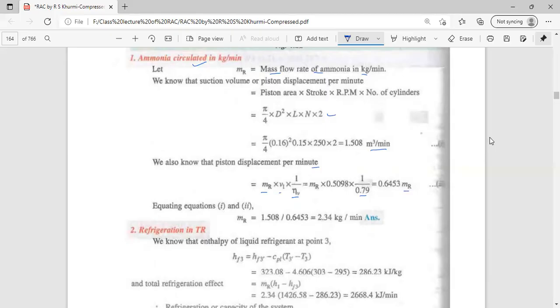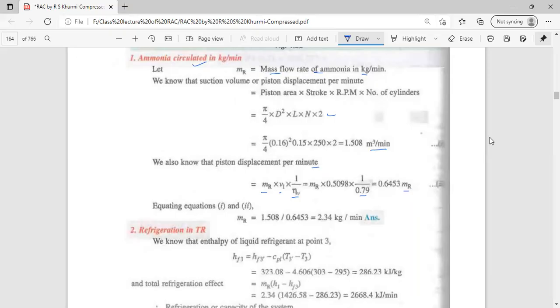Now, in the equation, the mass flow MR is found by dividing the suction volume, the piston displacement volume, by 0.6453.